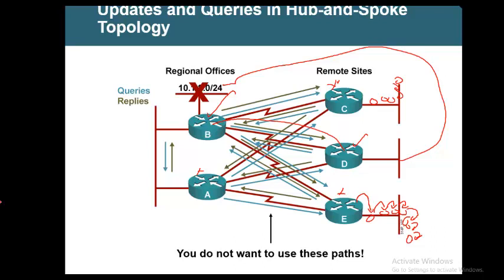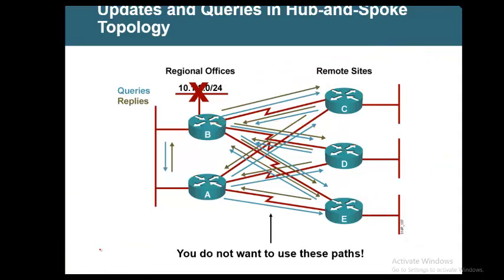So this is going to be a very disruptive one. Why? When B removes C from the neighborship, there may be many networks learned via C. These routers might have learned many networks from C, and those routes came from B. Those routes don't have any problem.